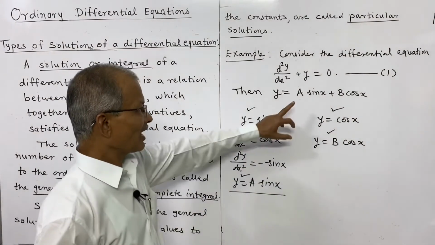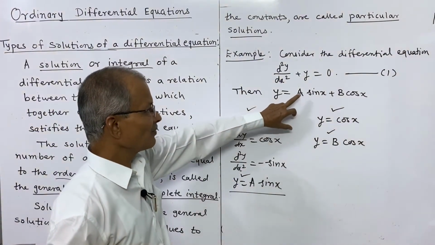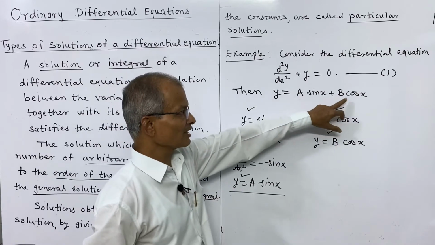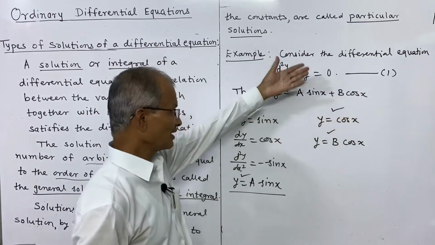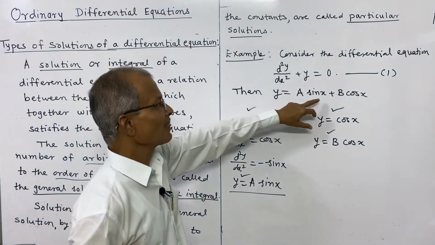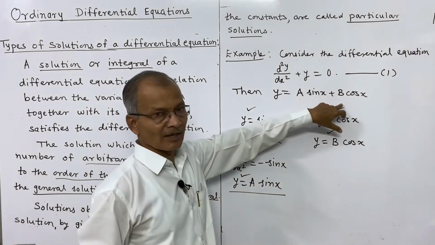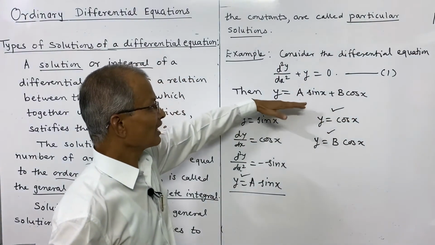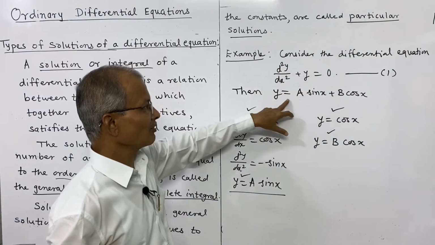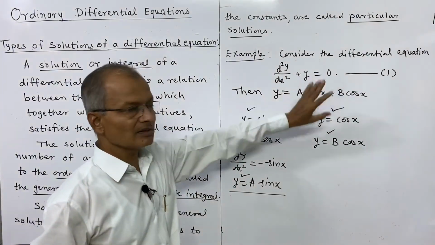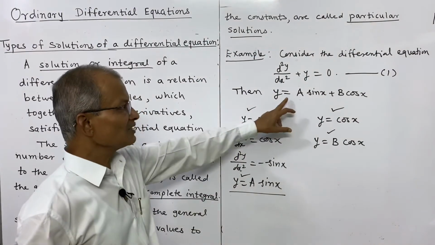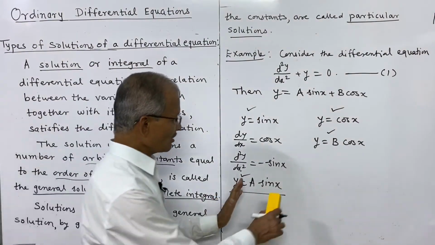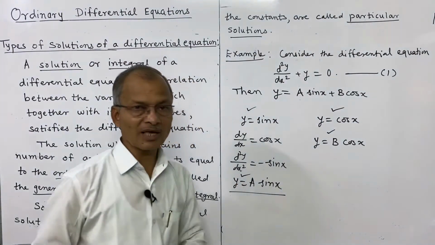You can verify: the first derivative will be a cos x minus b sin x, and the next derivative will be minus a sin x and again minus b cos x, and therefore the sum of the second derivative and y itself is 0. So therefore this is a solution. Any combination of these two solutions is a solution.